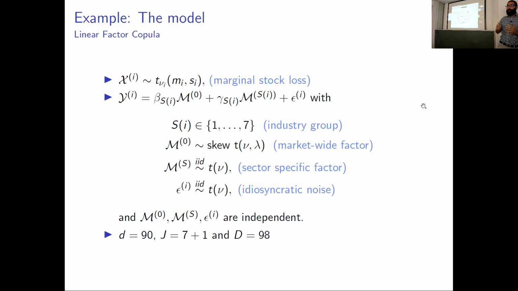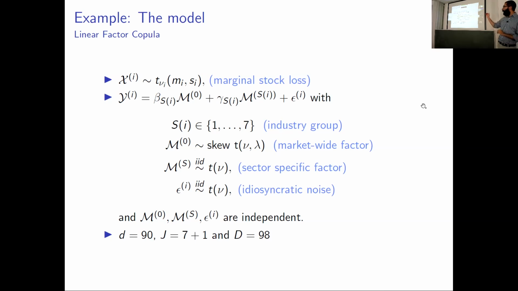Yi, which is my surrogate model, will be that thing that I mentioned before. So it's a beta multiplied by a M naught, which is my market-wide factor. So beta Si is the component for sector I. So sector is the industry group of my assets. So I'm modeling with 7 industry groups. So there are 7 different betas, there are 7 different gammas, and there are 90 epsilons, for example.